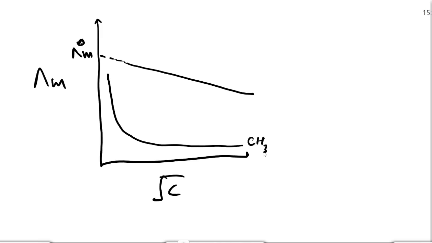It can never touch the y-axis, and therefore lambda m naught for weak acid we cannot calculate by making use of Debye-Huckel-Onsager equation. So to calculate lambda m naught for weak electrolytes, we make use of Kohlrausch law.